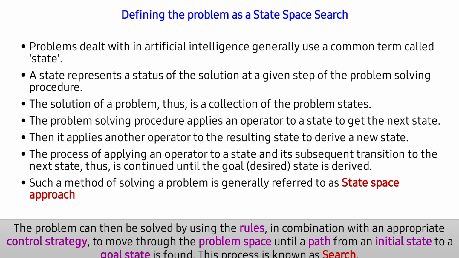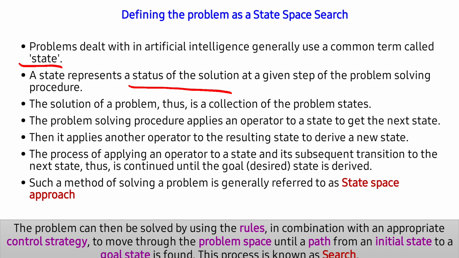The problem that you're going to design in AI will use a common term called a state. So what is a state? It represents the status of the solution at a given step when you're following the technique to solve a problem. The current situation of a solution space is called a state.